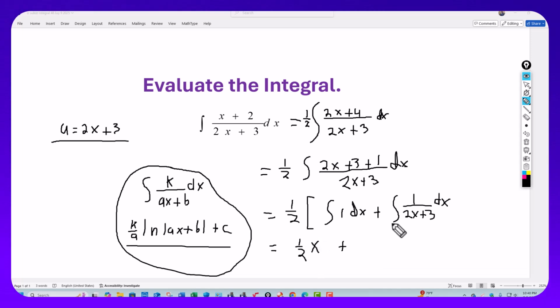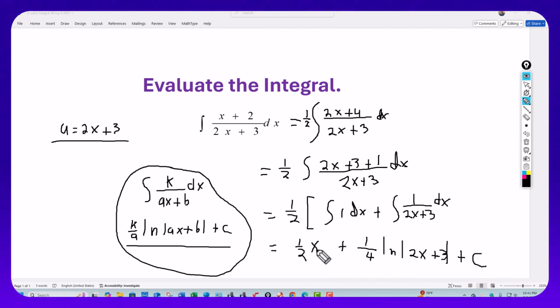So for this one here, the k here is 1, so this will be 1. And the a is 2, so this will be 1/2 here, but then you're multiplying by 1/2, so this will be 1/4. And then it's the natural log of absolute value of 2x plus 3. And then it's plus the constant of integration.